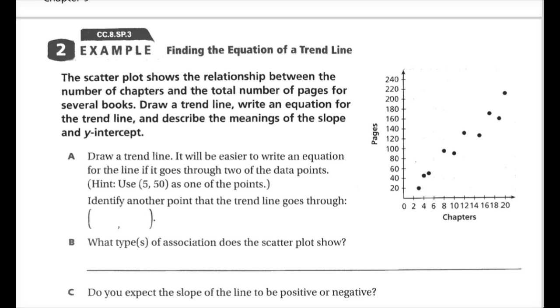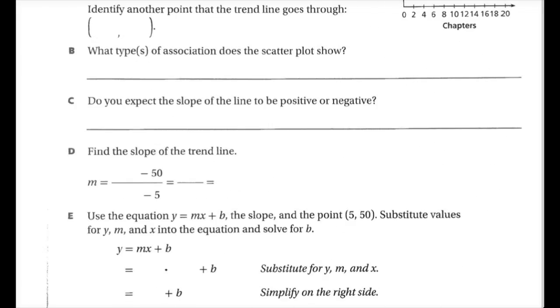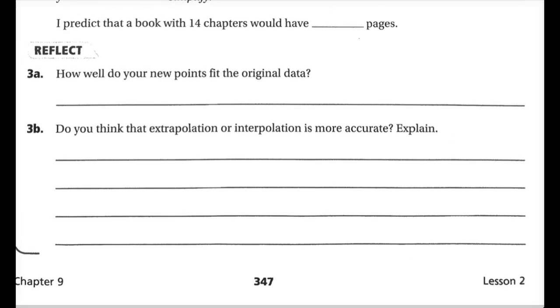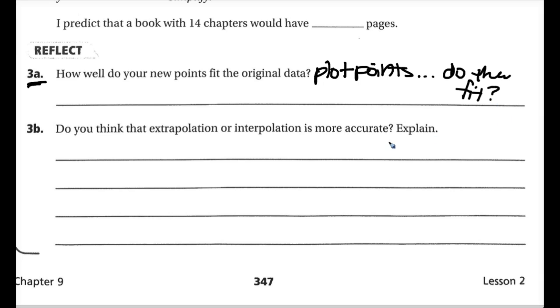If you don't think it does, you say no and you explain why. Okay, so let me go back down here. So that's 3A. You decide when you plot those points, do they fit? So plot the points. Do they fit? Yes or no?